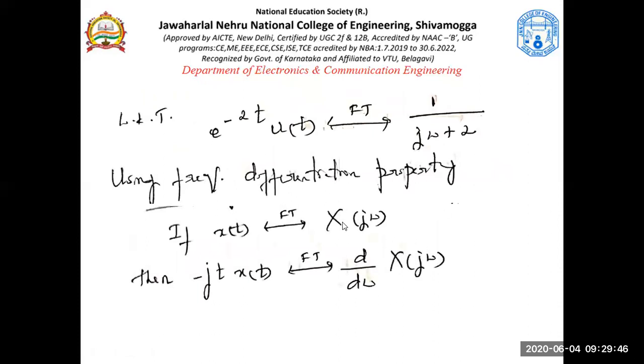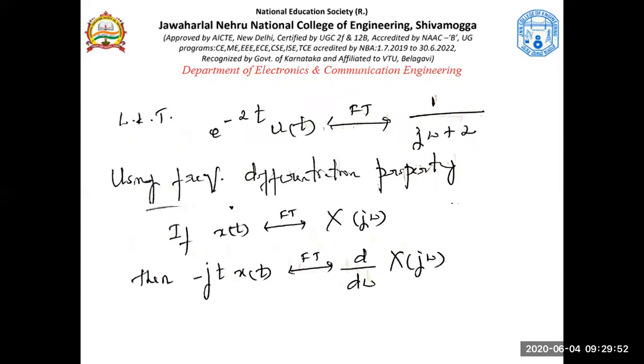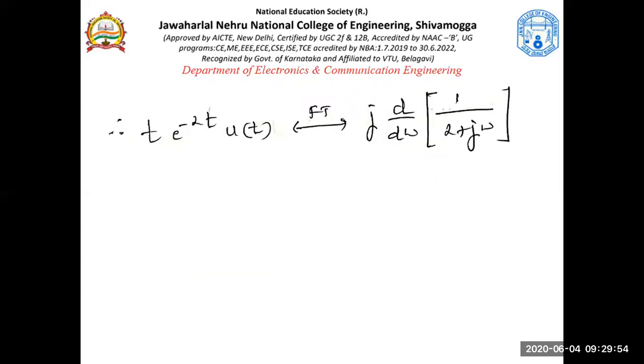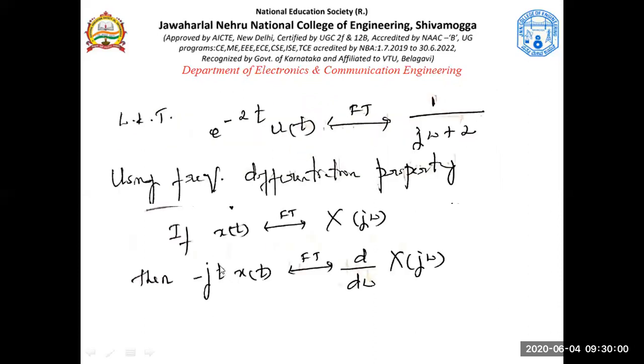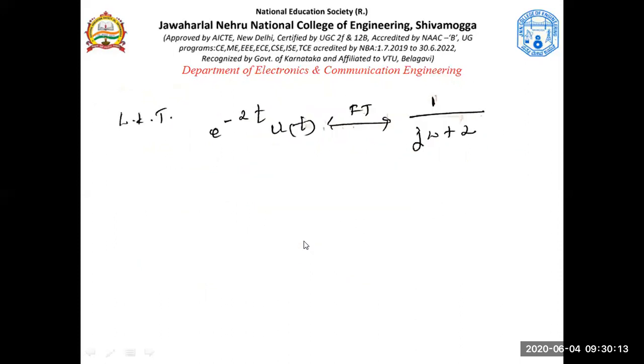Along with this, we need to have the frequency differentiation. So why did they come with differentiation here? What would happen if they differentiate? There is a t here also in the problem. So when can there be a t in time domain?